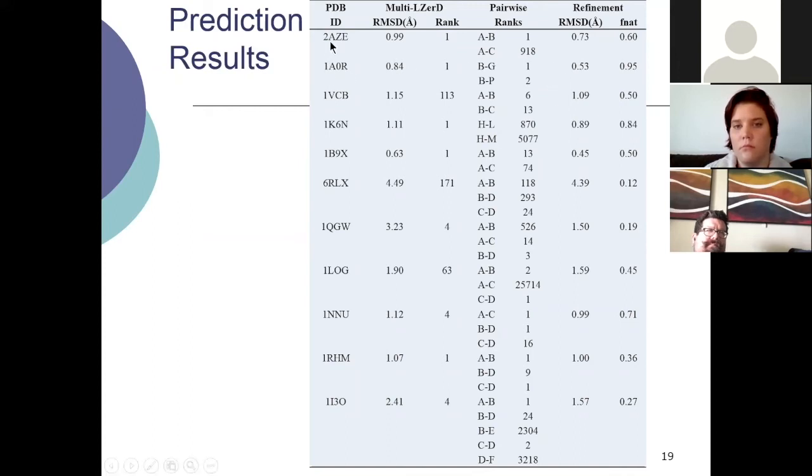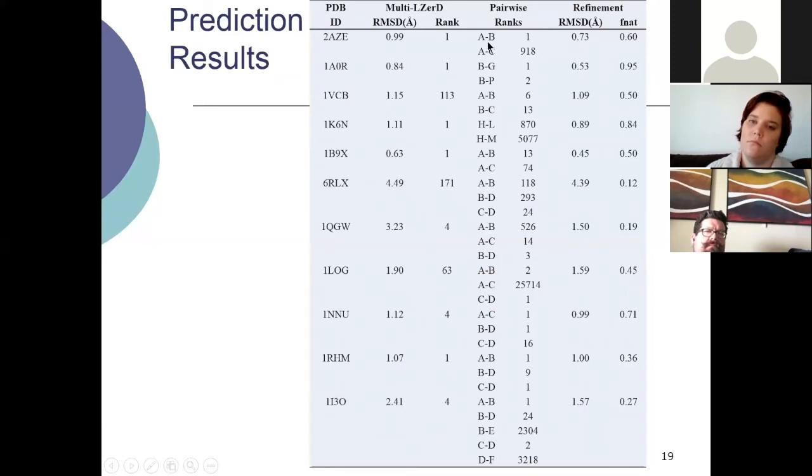For example, this 2-AZE is a 3-chain complex. I don't remember the name of the protein, but this is the PDB code. The 3-chain complex is assembled from pairwise models of AB and AC, separately modeled originally. The rank shown here is the rank of the pairs selected to assemble the 3-chain complex.